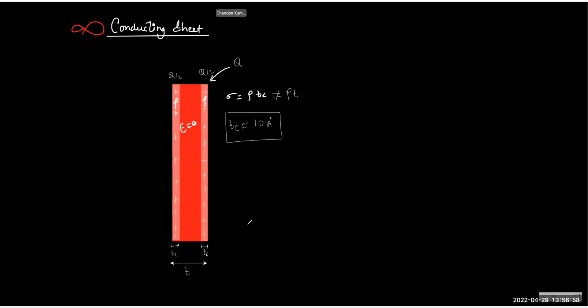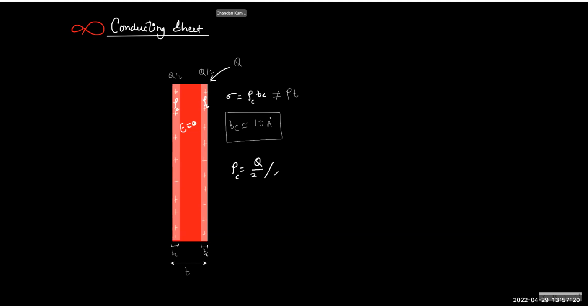Okay. Yes, sir. And that is why if I ask you what is the rho in this case, so rho for the conductor is, let's call it rho C, the density for the conductor. So rho C is defined as Q by 2 upon area. Understood? Yes, sir.